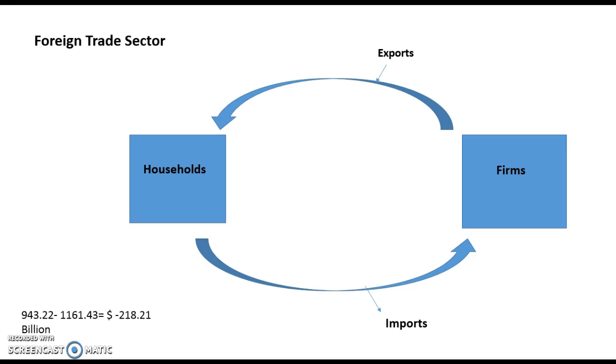What we're saying is that the expenditure from households to firms does not all go directly to firms. There are leakages, and one of those leakages is imports, so we're importing goods and services from other countries.